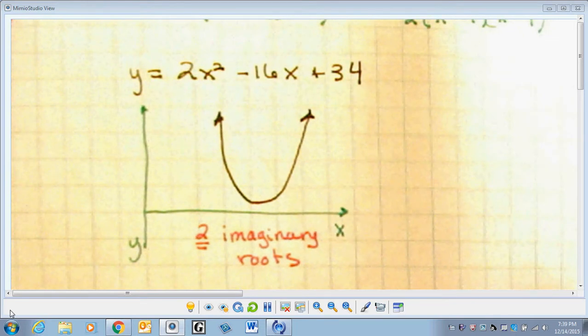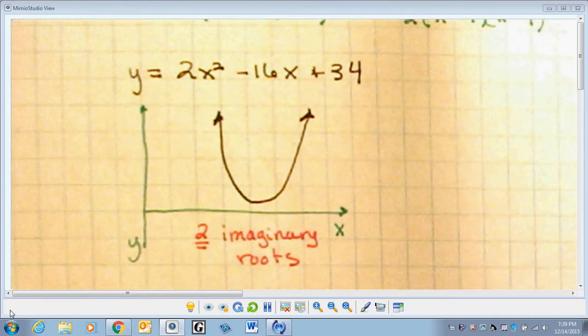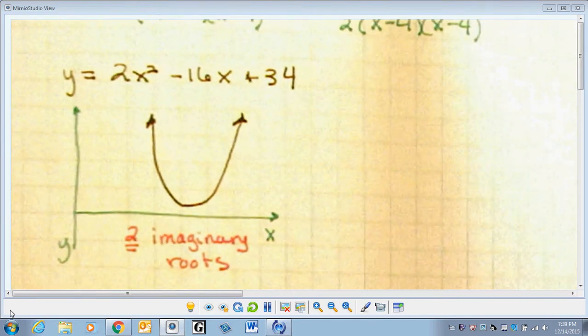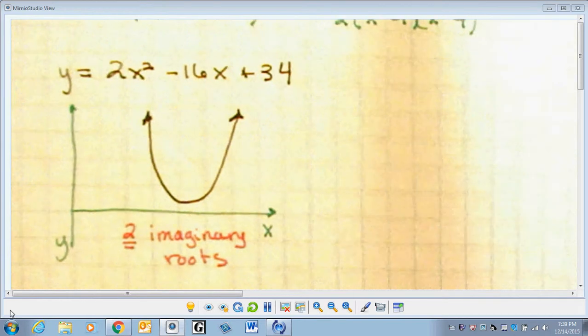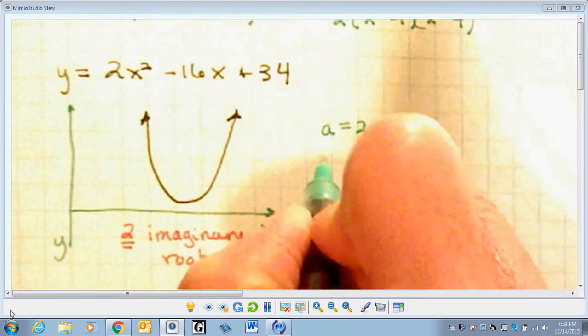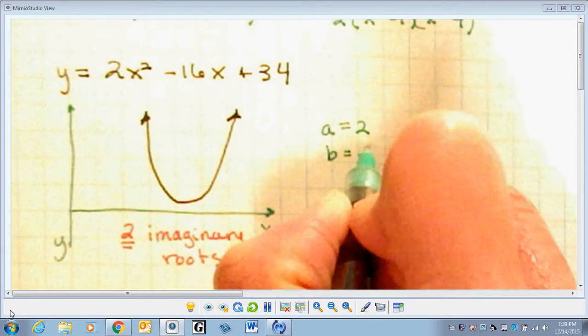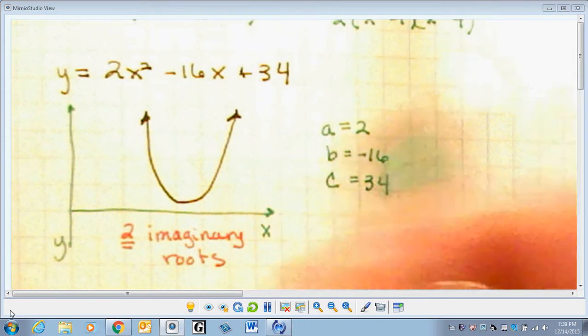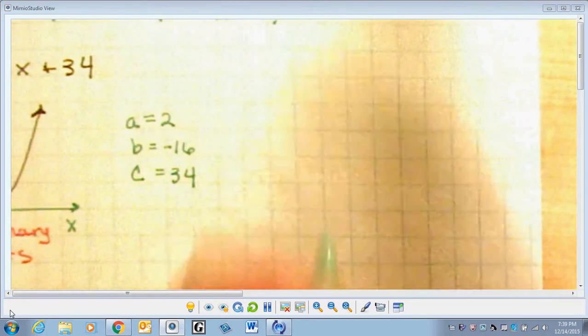And I'm going to prove that to you right now using the quadratic formula. So let's write down our A, our B, and our C. So my A is 2, my B is -16, and my C is 34. Okay, so let's go ahead and put it into the quadratic formula.